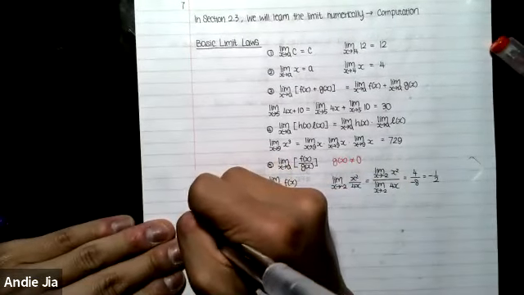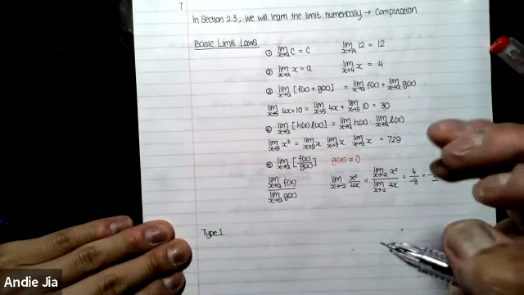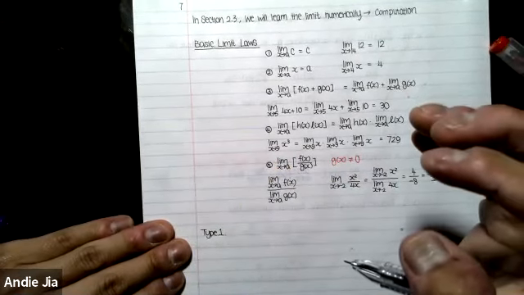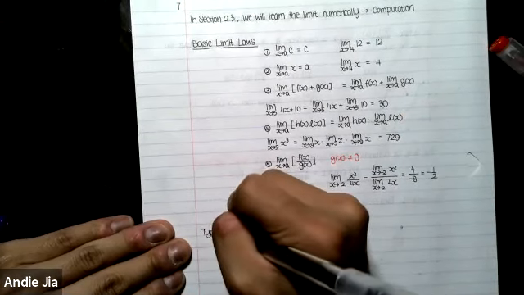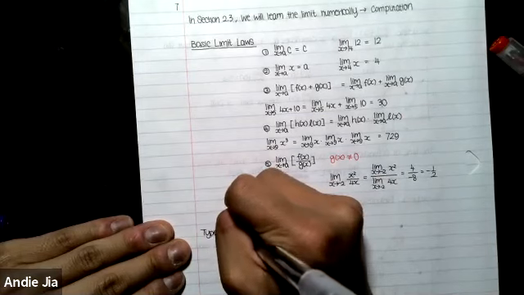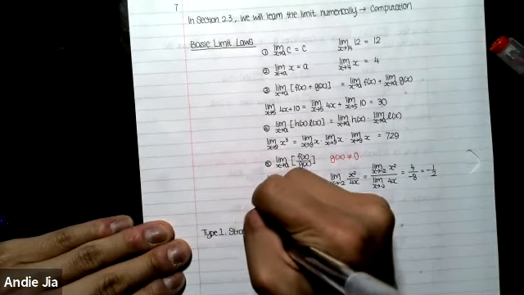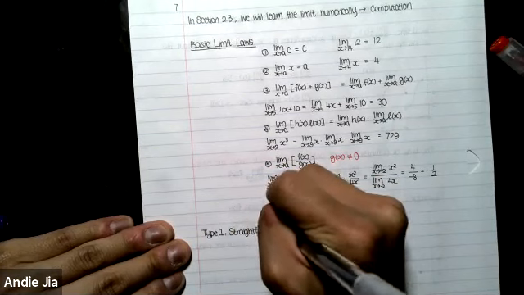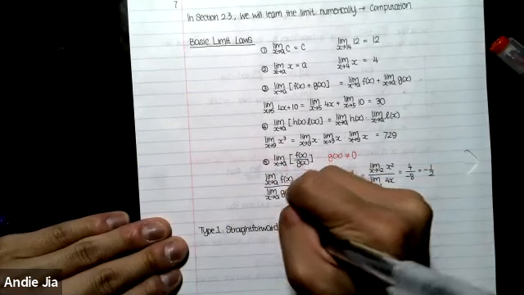So type 1 is the most straightforward computation.